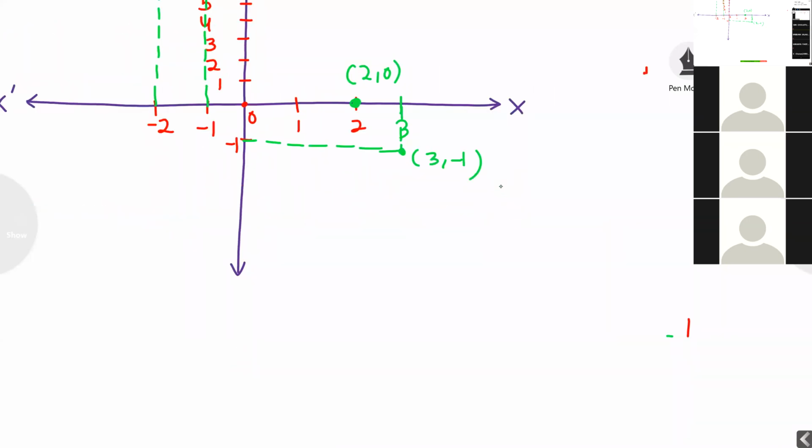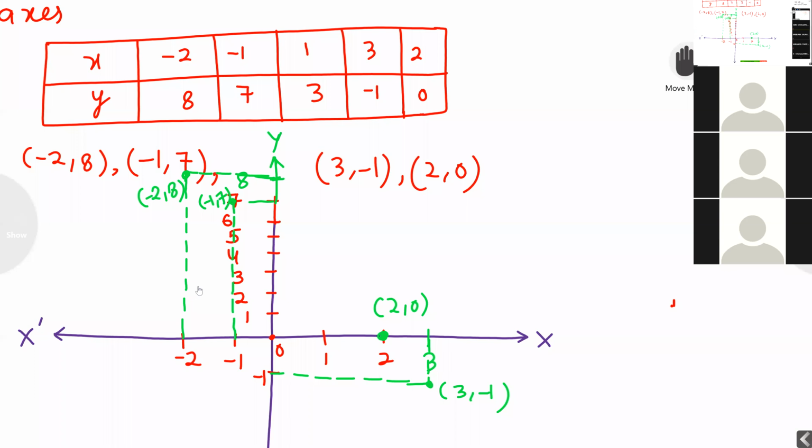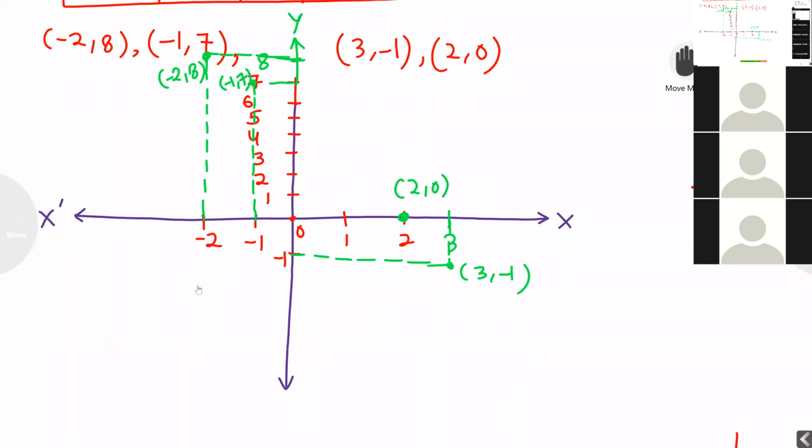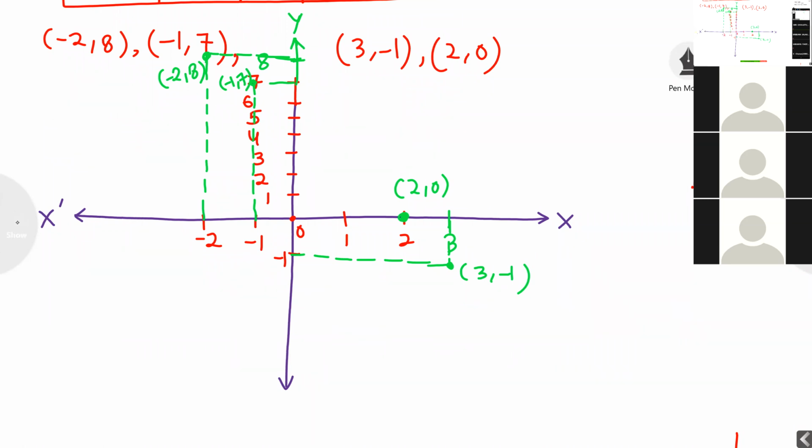I have taken scale 1 unit is equal to 1 centimeter. Always mention the scale on the right side corner. One unit is equal to 1 centimeter.